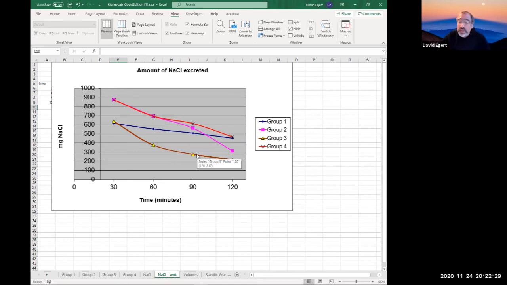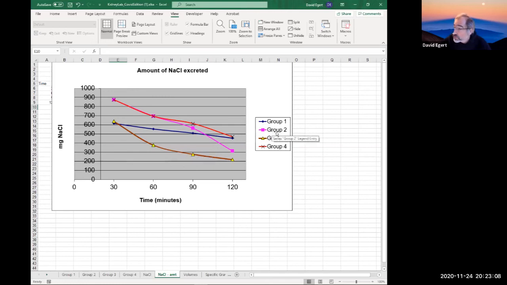One of the reasons why you always have to have some volume, even if you're trying to conserve water and you're going to have a very small volume of very concentrated urine, is that you need at least some urine to dissolve the stuff in to get it out of your body, right? If you don't have some liquid to dissolve the stuff in, then you're not going to be able to pee it out. So you're getting rid of as much salt as you can, but since you have so little volume, it's hard to get rid of as much as you'd like.